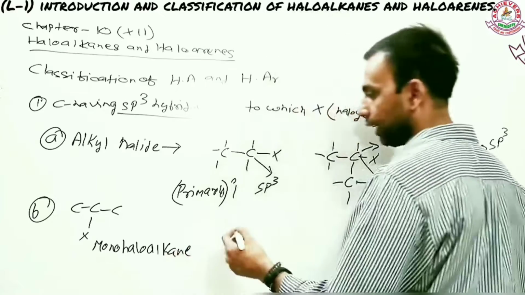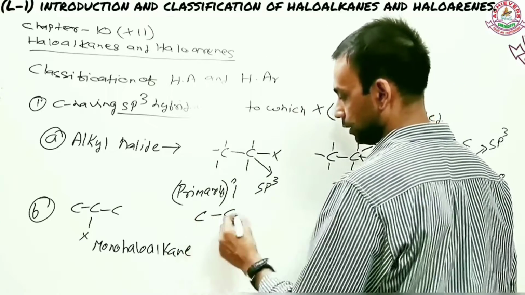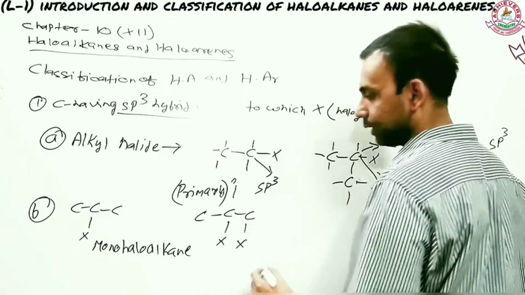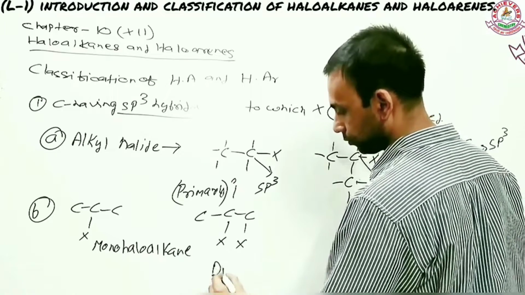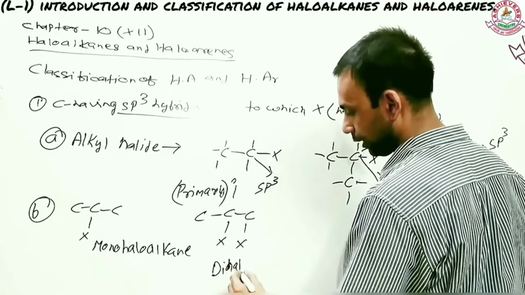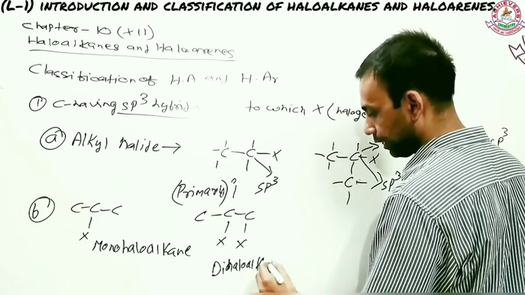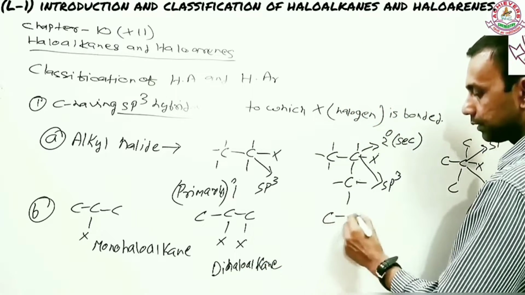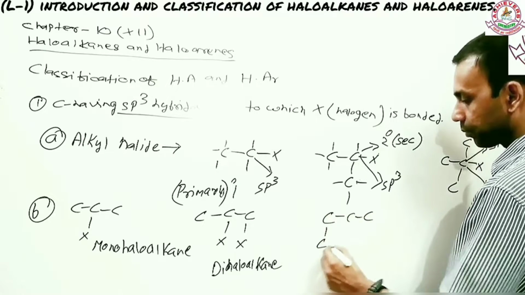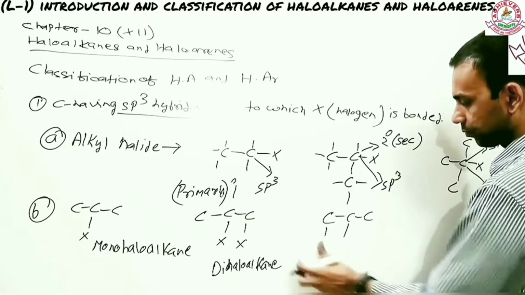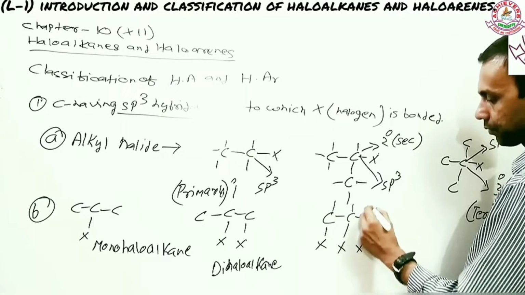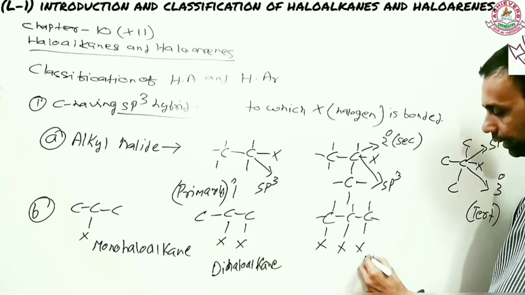Similarly, if there are 2 halogens, it's of course dihaloalkane. Let's talk about the third one. If there are 3 halogens, on different carbons or anywhere, this will be called trihaloalkane.